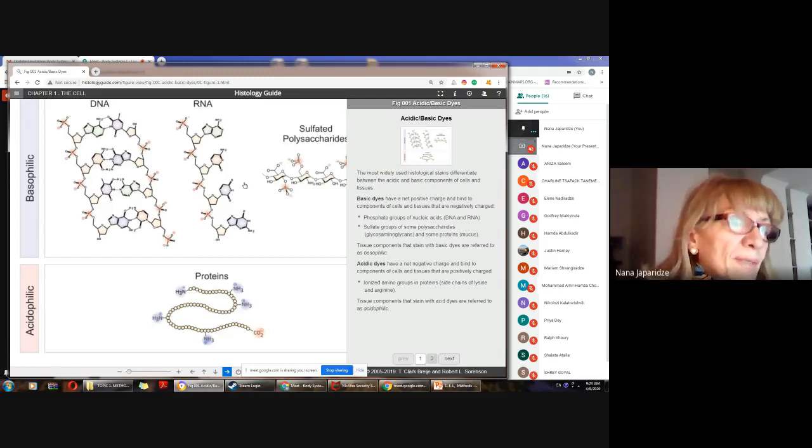Another one is acidophilic staining, with an acidic dye, which stains very well any kind of protein. And proteins, as you know, you can identify in almost all types of cells, and almost everything in the cell, in the tissue, contains this substance, proteins.